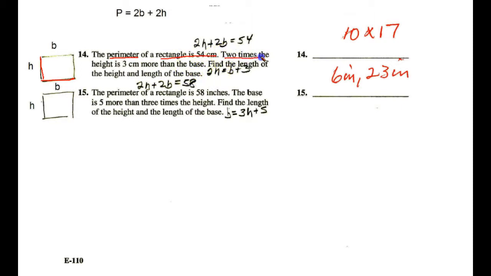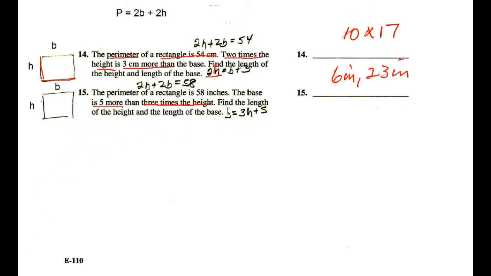It says 2 times the height is 3 more than the base. Just translate it into algebra. And for this one, the base is 5 more than 3 times the height.